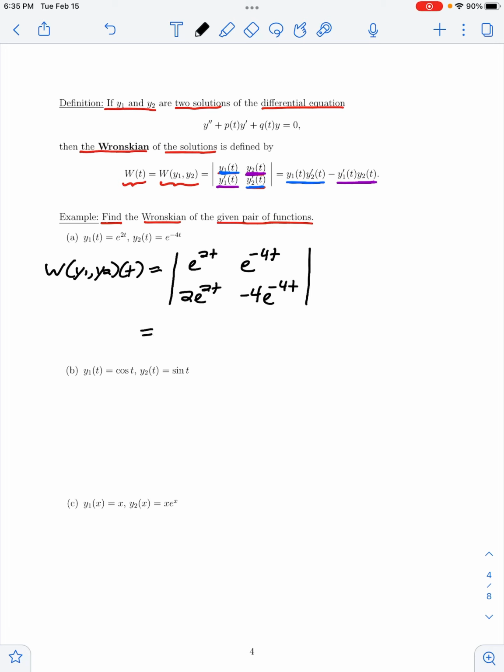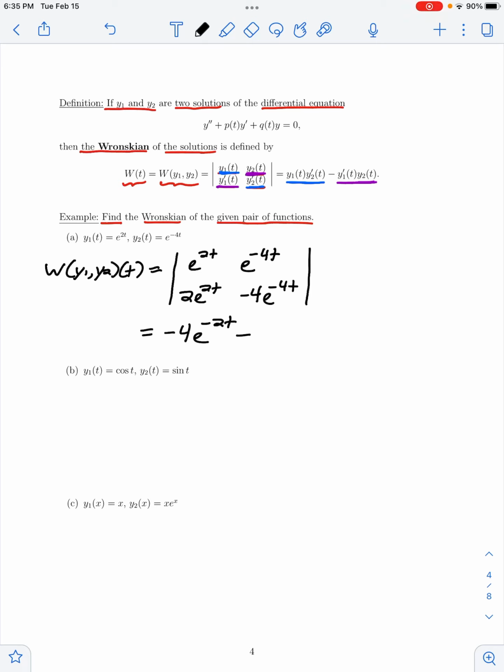So now taking this determinant, we multiply our diagonal entries. So we have a constant negative 4, then e to the 2t times e to the negative 4t gives us e raised to the negative 2t power. We just add those exponents.